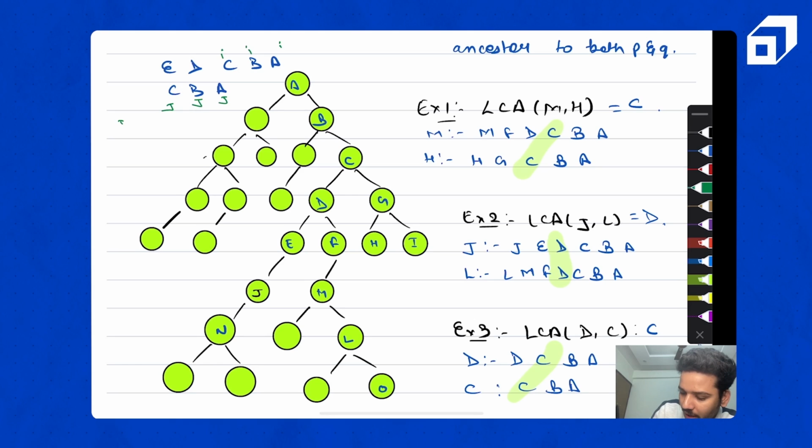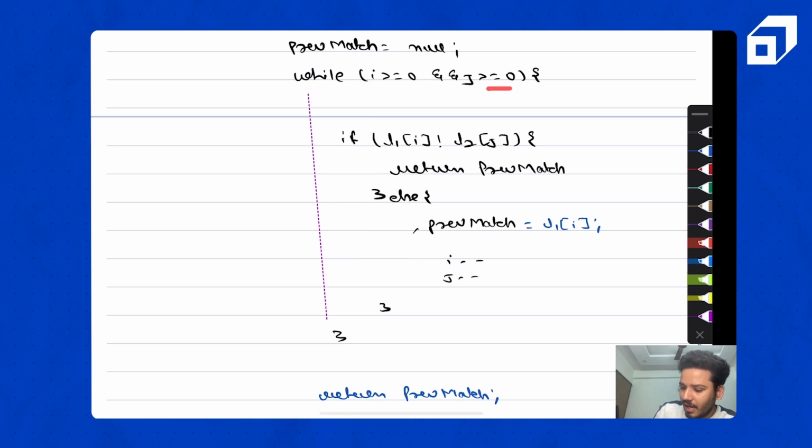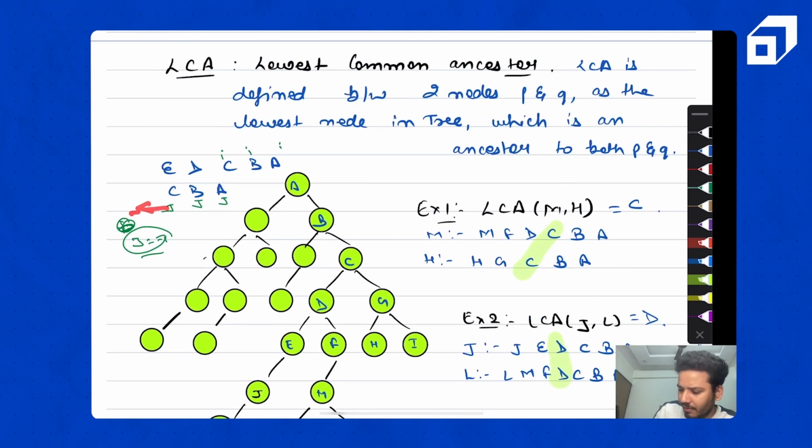Then I is at 0 and J will become -1. So in case J becomes -1, what is the answer? Again, when J becomes -1, the answer is still the previous match, right? That is why we run till J is greater than or equal to 0, and as soon as J becomes negative, the previous match is still the answer.